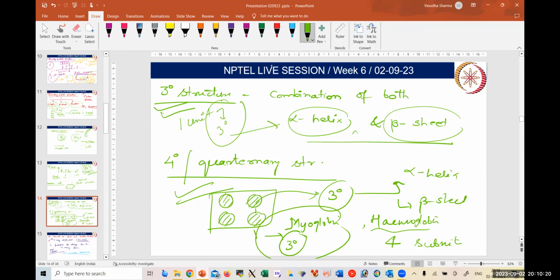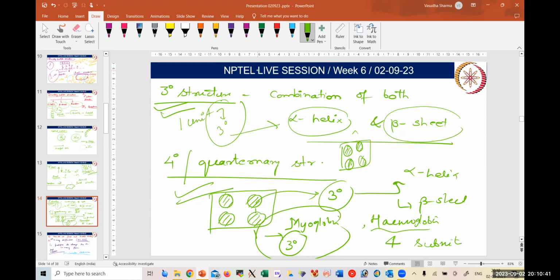That tertiary structure is comprising alpha helix and beta sheet. Whereas in case of the quaternary, it is having just a block where 4 subunits are there, and each subunit is a 3-degree structure. Is it clear now? Clear, ma'am, clear.